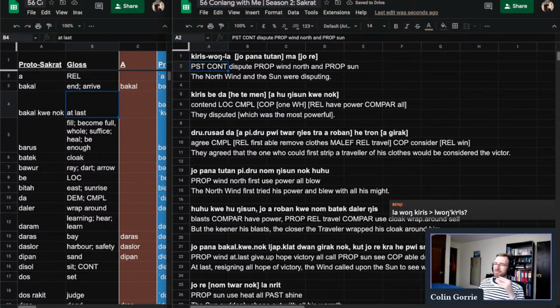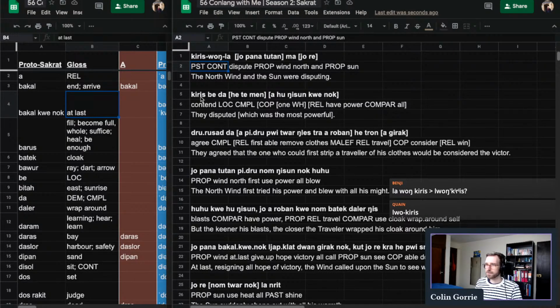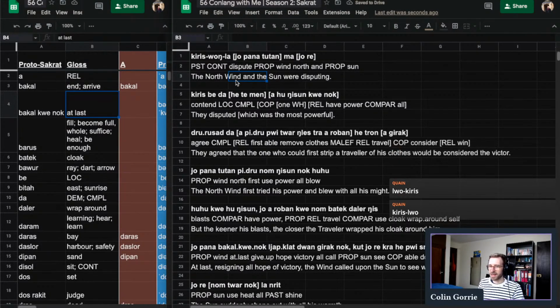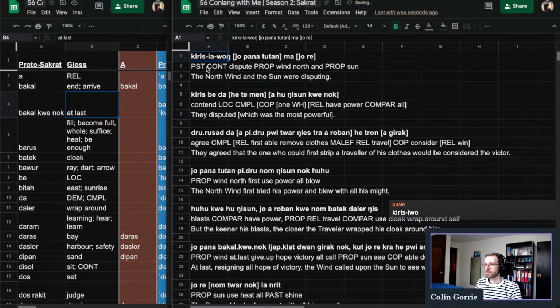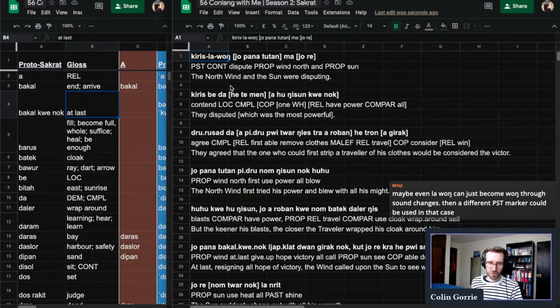Kiriswong la. If we wanted to go entirely the opposite way. Wong la or la wong. I'm not sure exactly which one. Kiris la wong. And like Quain points out, there's some fun that can be had with the phonology here, but we're going to wait for that for a second.